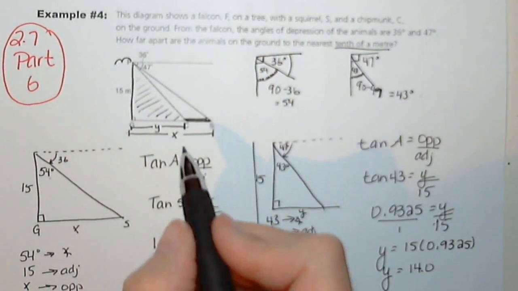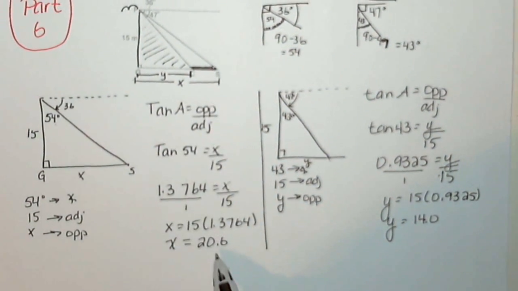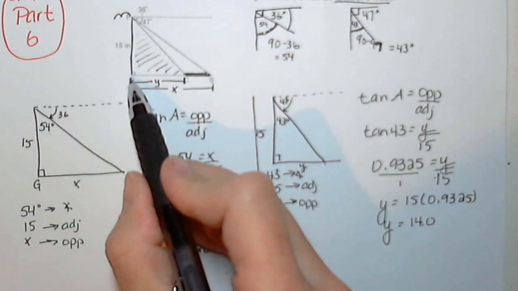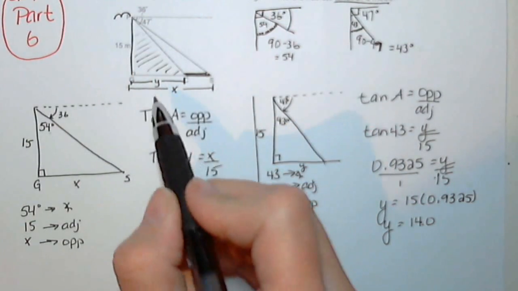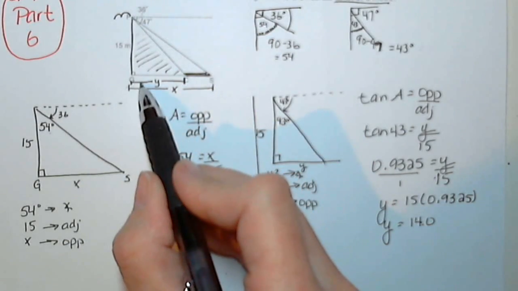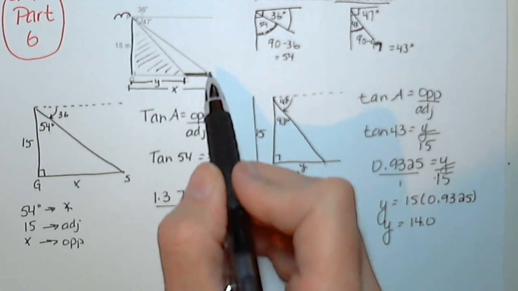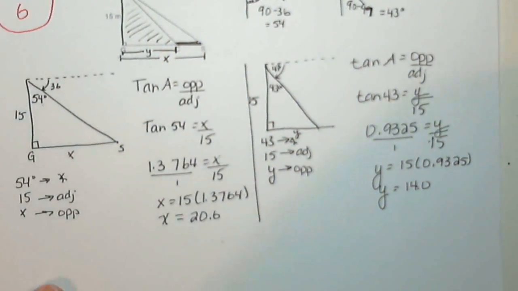Now the question is, how long is this line right here? Well, what I know is that from here to here, all the way is 20.6. This part of it is 14. To find out this part then, I'm going to take 20.6 minus 14.